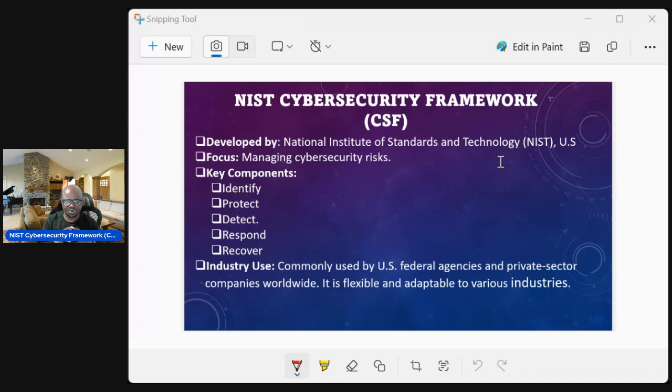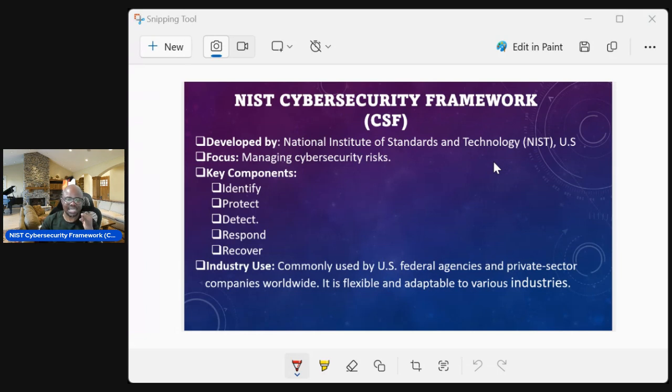What is the objective of the identify component? It is to understand the cybersecurity risks to systems, assets, data, and capabilities so that appropriate safeguards can be developed and implemented. And then, what are the key activities performed under the identify function?